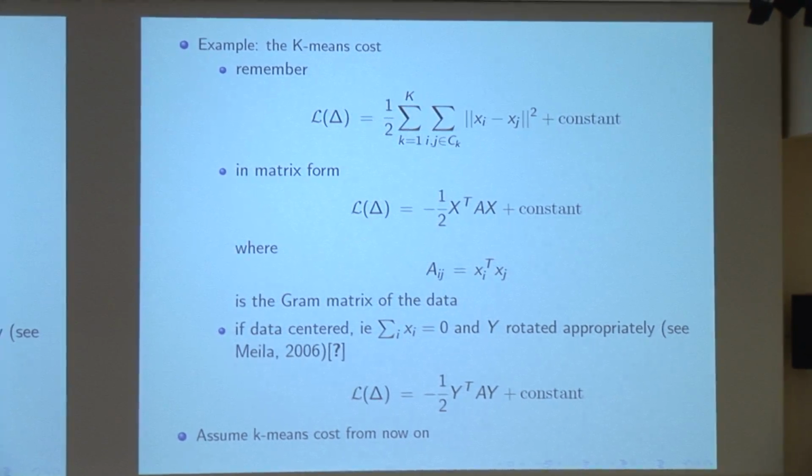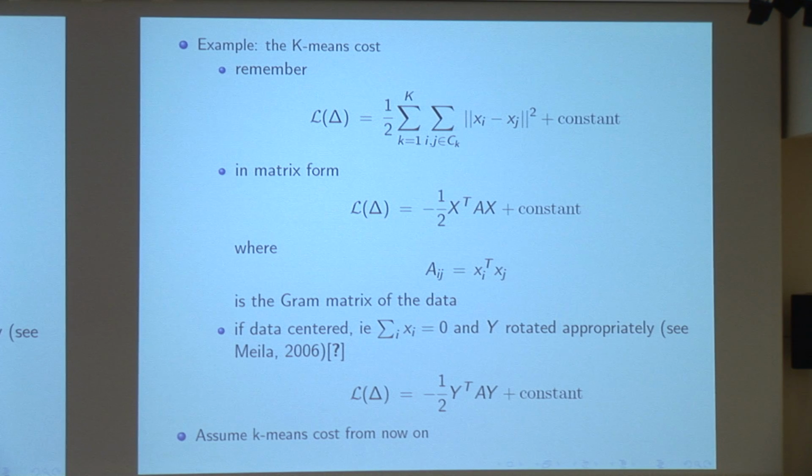There is a little catch. We have to also make the mean of the data be 0. So if we make the data 0 mean, then we can represent the k-means cost function as a constant plus this expression that depends on the cluster.